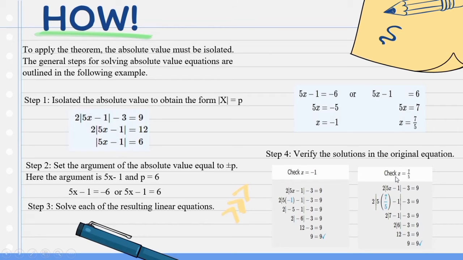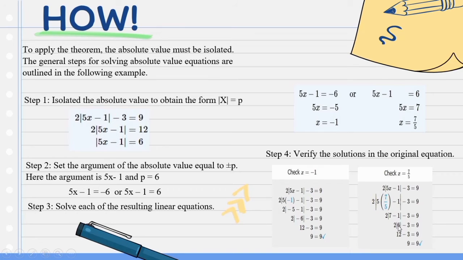And check x equals 7 over 5. You substitute 7 over 5 for x. After that, you calculate 2 times the absolute value of 5 times 7 over 5 minus 1, minus 3 equals 9. 5 times 7 over 5 is 7, so 7 minus 1 equals 6.